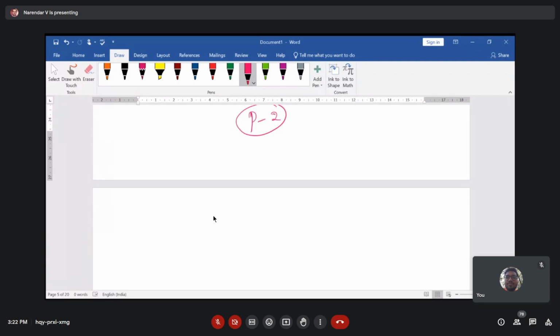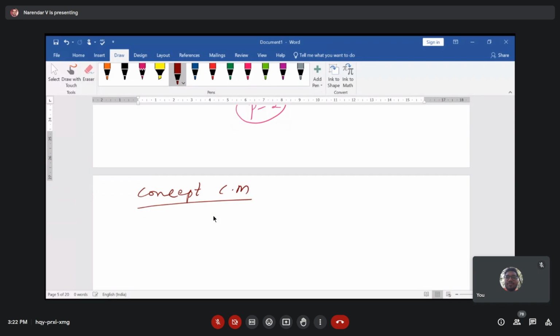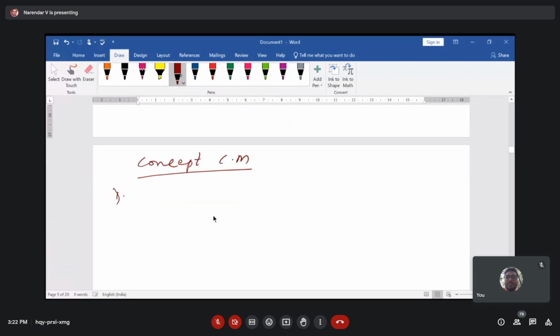We'll try to use a reference current first, and then we replicate the same current. So what we try to do is take the concept of the current mirror. First, we have to build a constant current.